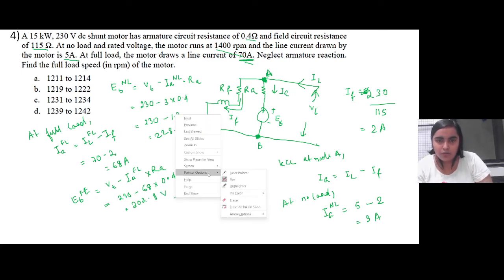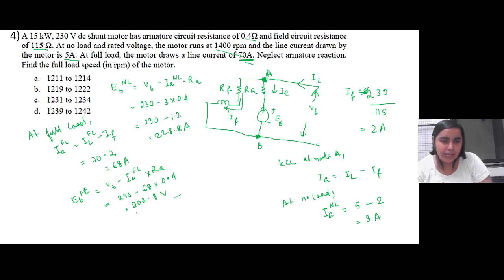So now we have the back EMF at full load, the back EMF at no load, and we have the speed at the no load condition, right? We know that EB is directly proportional to omega. So EB at no load by EB at full load will be equal to omega at no load by omega at full load.